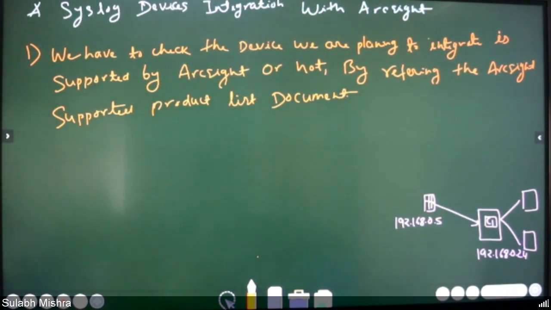You add those points. If it is mentioned in the document that it is supported by Arcsight, then a smart connector is available to integrate the device. If it is not listed, that means it is not supported by Arcsight.